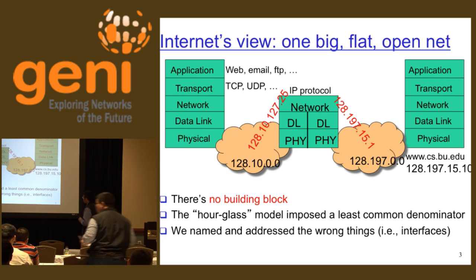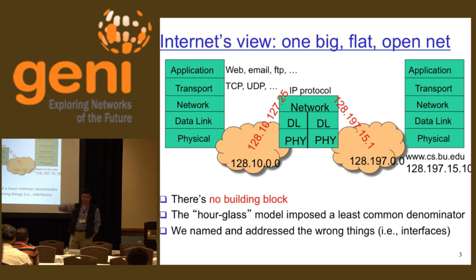All right, so this is what we learn in networking classes, right? That networking is a layered set of layers, 5 layers or 7 layers of distinct functions that we build functionality all the way to support applications. The problem with this view is that there is really no building block.